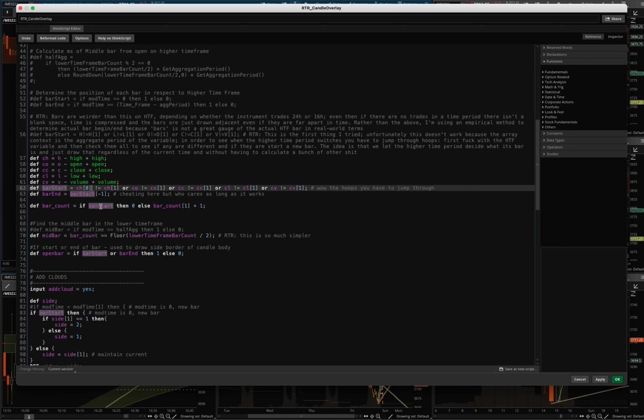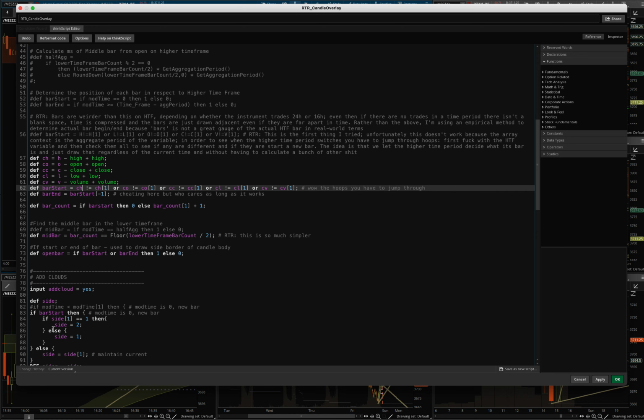So what I've done here is to just say the bar end is really just the first candle before a bar start. So if my bar start, 1 candle in the future, is true, so this evaluates to true, so we have a bar start candle, then I want my bar end to be the candle right before that. And this is really just so that later you can say bar start or bar end equals 1, so that you can cut off the clouds.